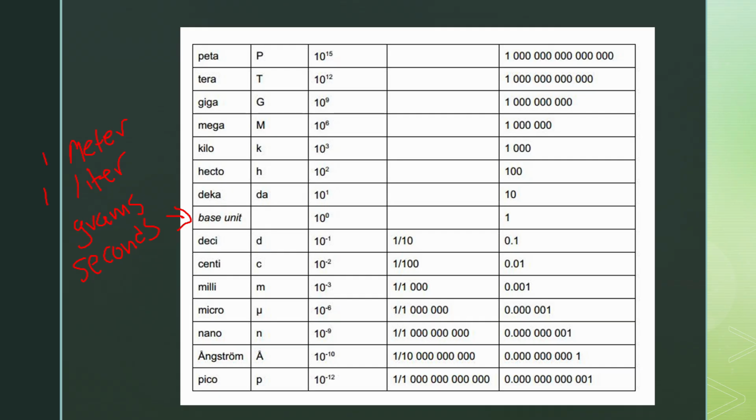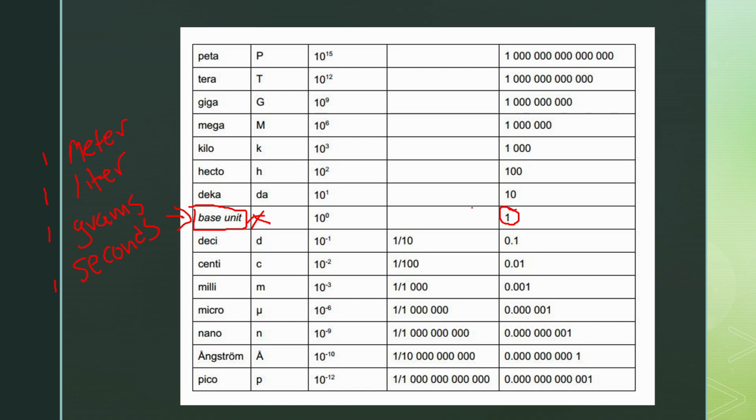So 1 meter, 1 liter, 1 gram, or 1 second. And they would fit right here on our chart. So you could substitute the word meter for base unit, or liter, gram, whatever base unit you're using, right here. And again, these have the value of 1.